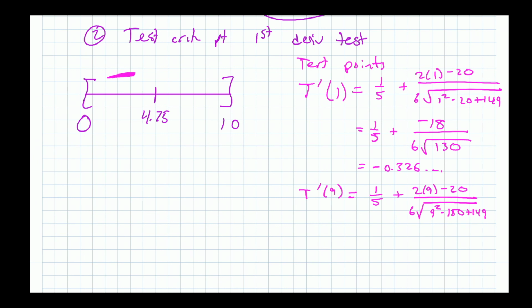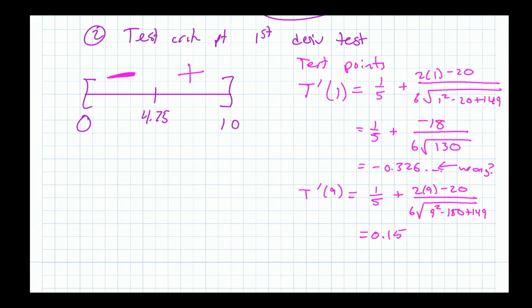So in there it is 81 minus 180 plus 149, and that is positive 0.15. The earlier one might be wrong, but it's probably negative. I'm not recalculating it.